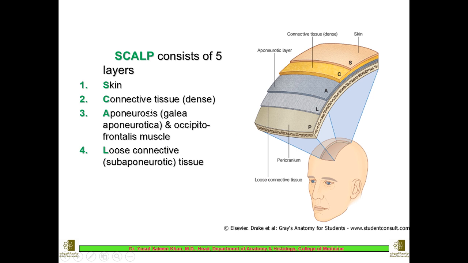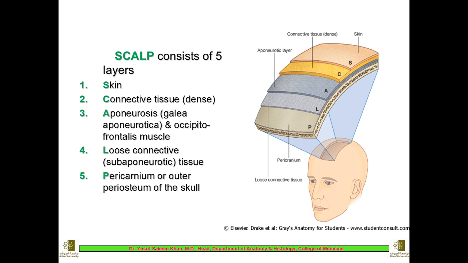This connective tissue is different from the connective tissue present in the second layer. Here it is dense, and here it is loose connective tissue. And the fifth layer is the pericranium, or it is nothing but the outer periosteum of the skull. The skull bones also have the periosteum covering, so that is called pericranium.